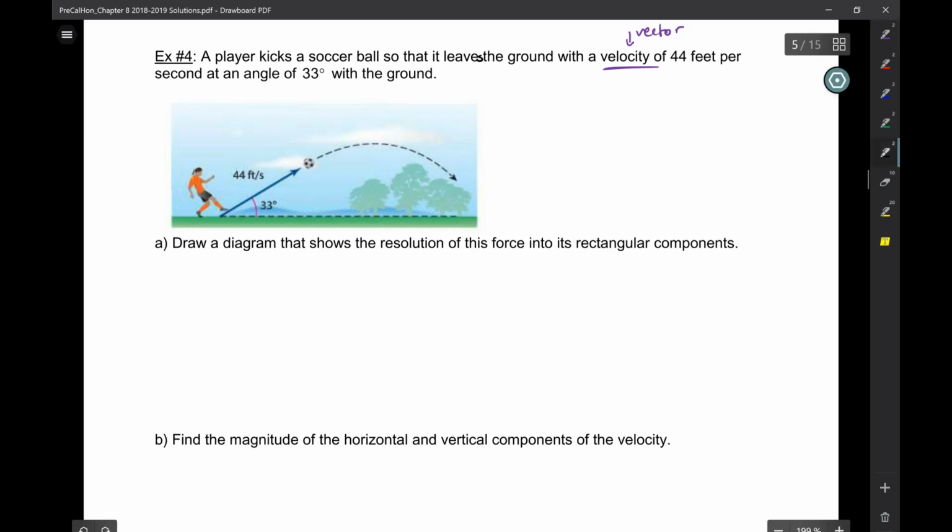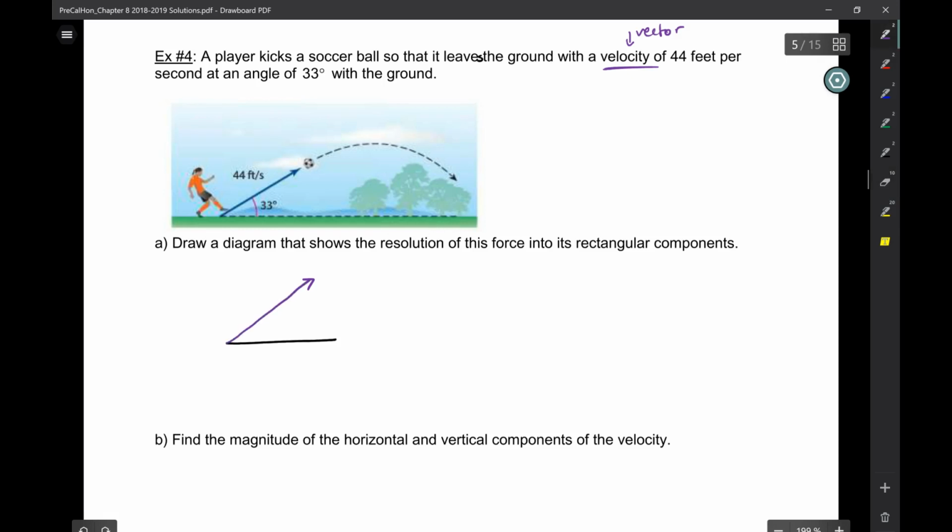So if this is the ground, velocity is a vector quantity. Speed is not. So he kicks upwards. You're not going to put the arrow here because that's not the direction he's kicking. You're going to put the arrow on the top.